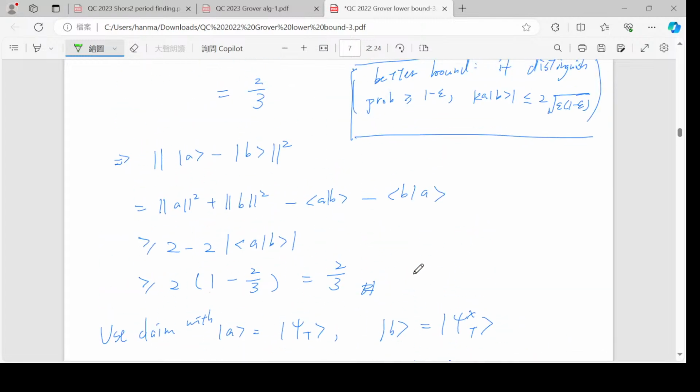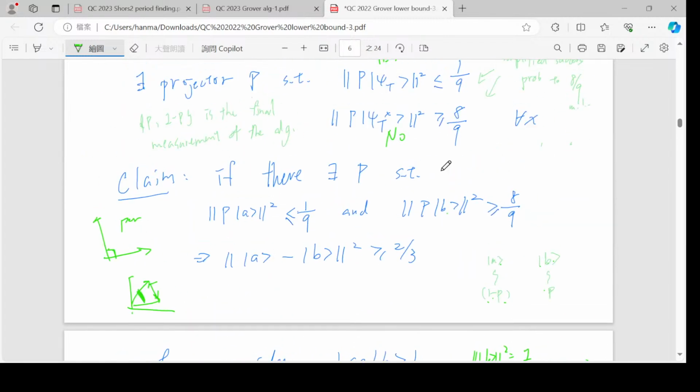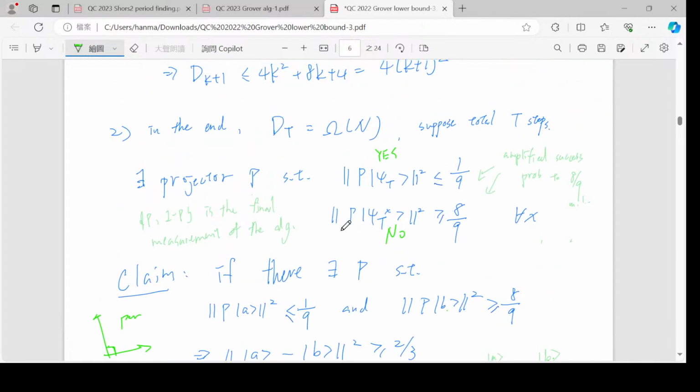So this is a very abstract lemma, but what do we want to do with it? The lemma says that we have a projector on A less than 1/9 and a projector on B bigger than 8/9, and then the distance between A and B is greater than or equal to 2/3. Then we just apply it. P is the same P here, A is psi t, and B is psi xt for every x.